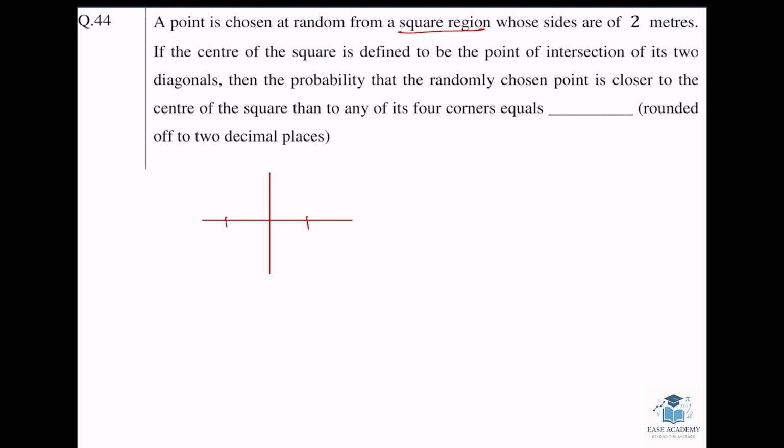Take x from -1 to 1, and y also from -1 to 1. So the region of the square would be this. Now this is of 2 meter.